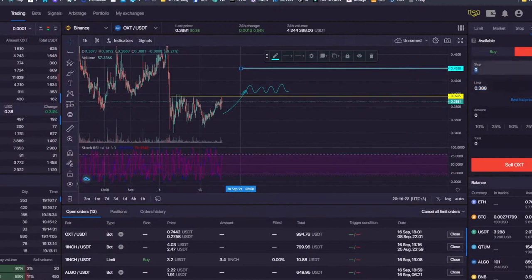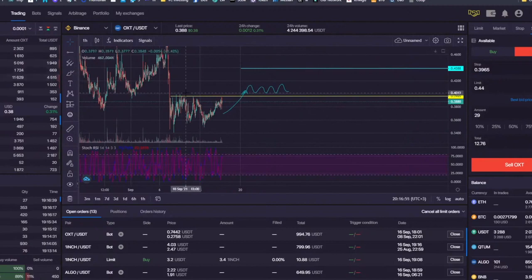So what you're gonna do, you're gonna put your stop at 0.3965. That's where we have our resistance here. And then you want it to activate a limit sell order at a higher price, let's say 0.44. By doing this, you expect the market to at first reach a certain condition, and the condition that we said is breaching the resistance line, trading above it, and then hitting the price of 0.44, and that's our conditional price.